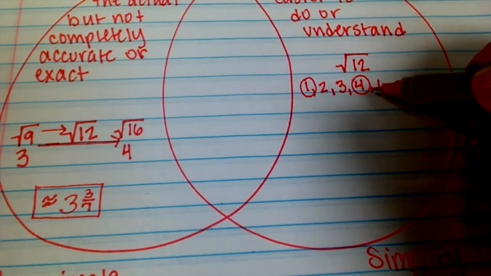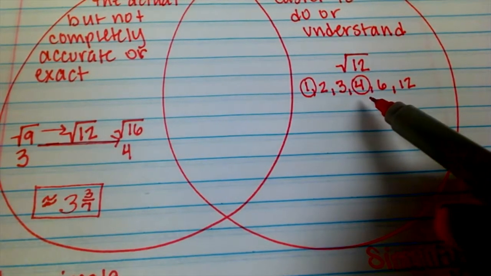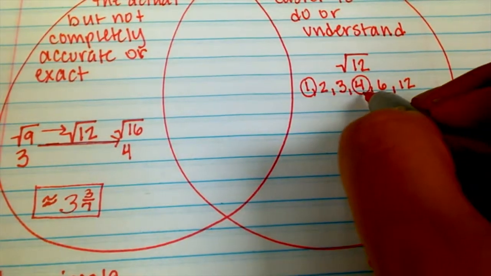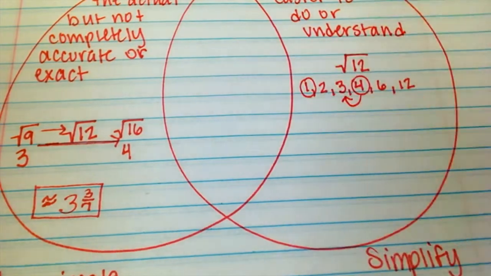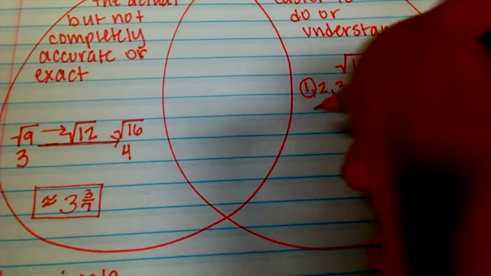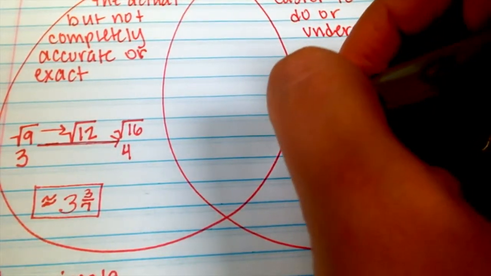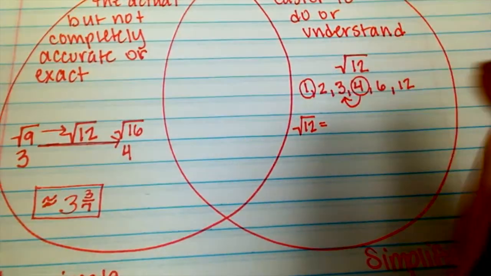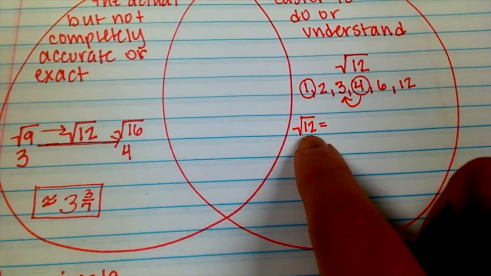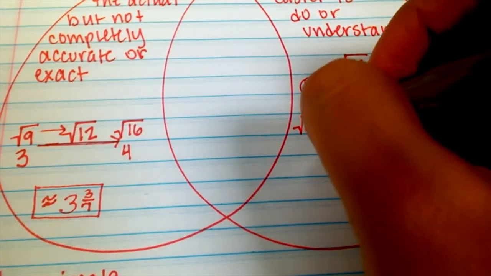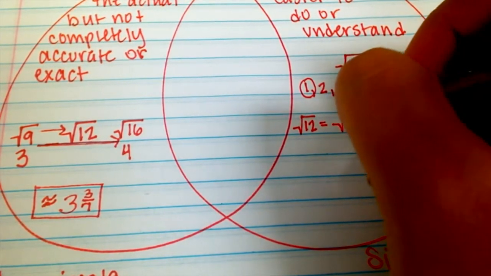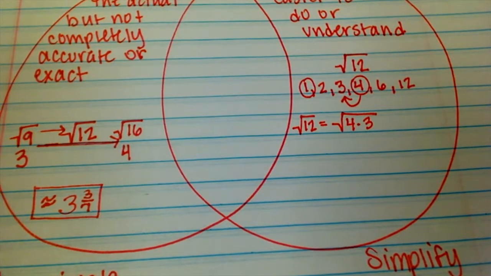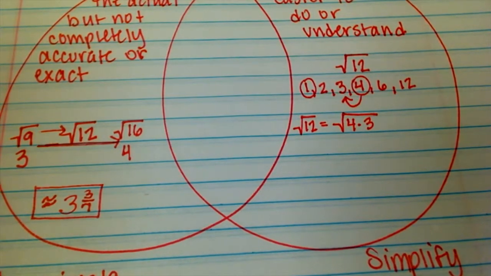We're going to select the highest perfect square, which in this case is 4. And so 4 times 3 is 12. So we have the square root of 12 equals, instead of writing 12, I'm going to write 4 times 3, equals the square root of 4 times 3. 12 is the same thing as 4 times 3.